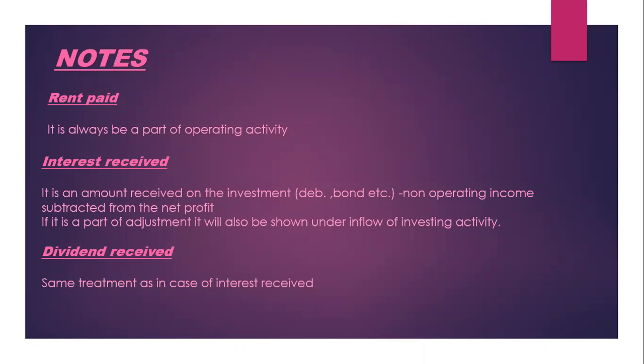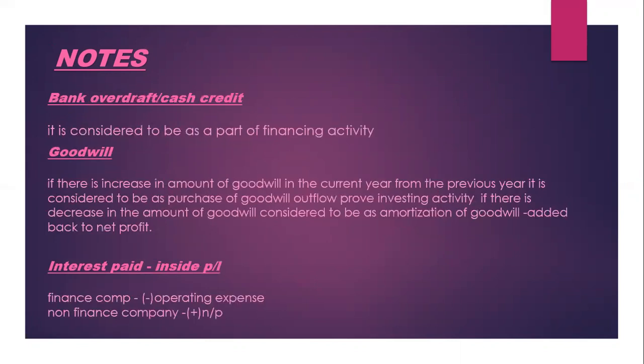If it is part of an adjustment, it will obviously have two effects. It will be shown under the inflow of investing activity as well. Dividend received: the treatment of interest received will be made for dividend received as well. It will be shown in operating activity as well as in investing activity.